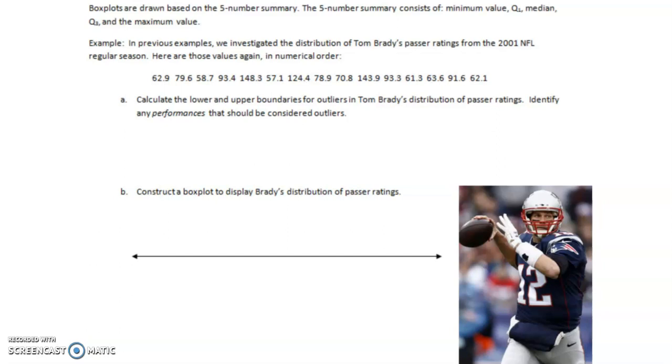Calculate the lower and upper boundaries for the outliers in Tom Brady's distribution of passer ratings. In this case, his Q1 is 62.1. His Q3 is 93.4, which gives an IQR of 31.3.